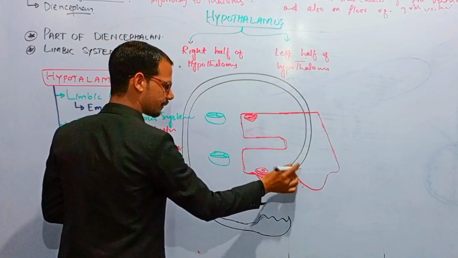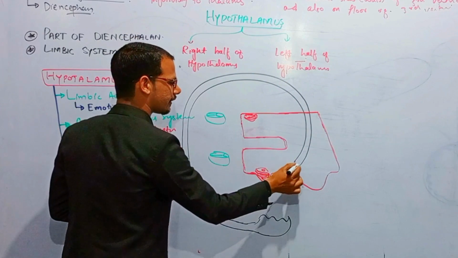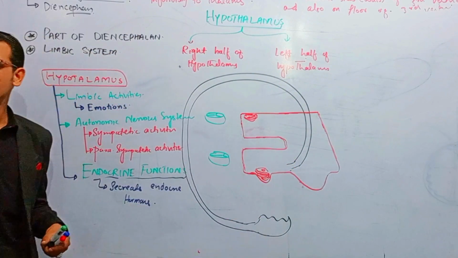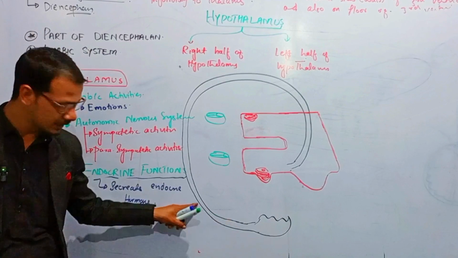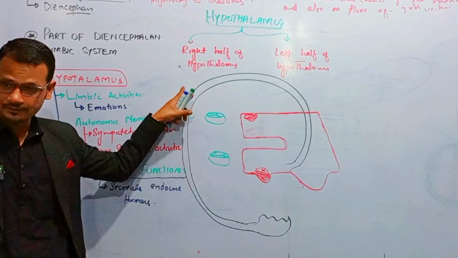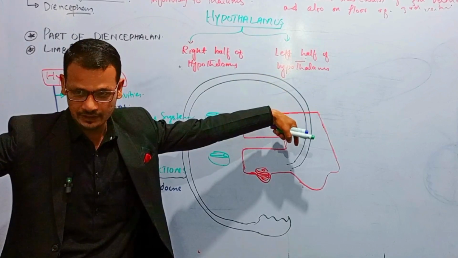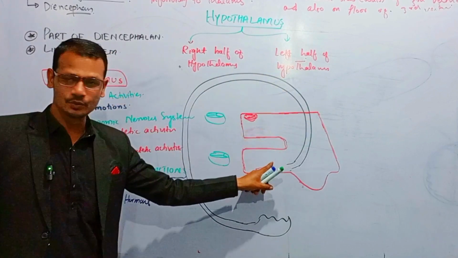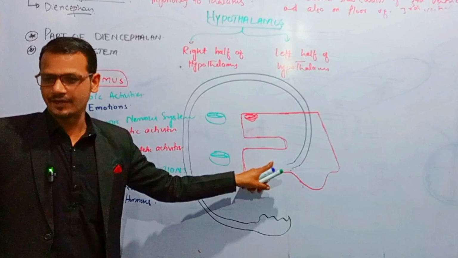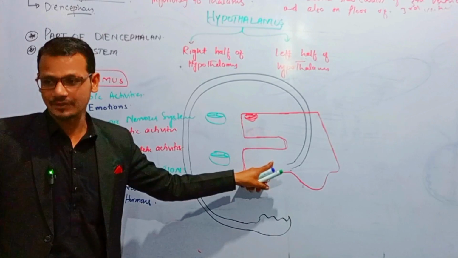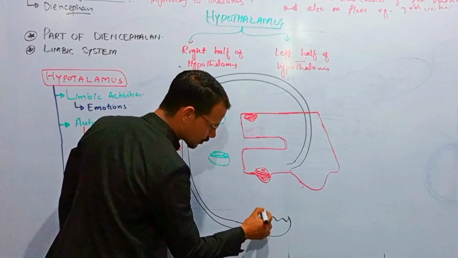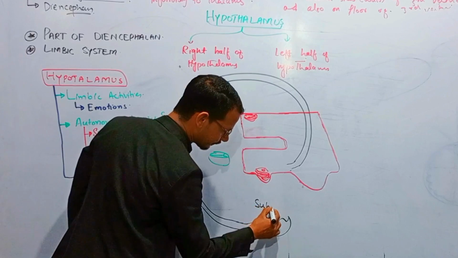A sheet of white matter is moving backward, upward, forward, downward, and eventually backward, and enters into this right half of hypothalamus. This nuclei is called subiculum nuclei.